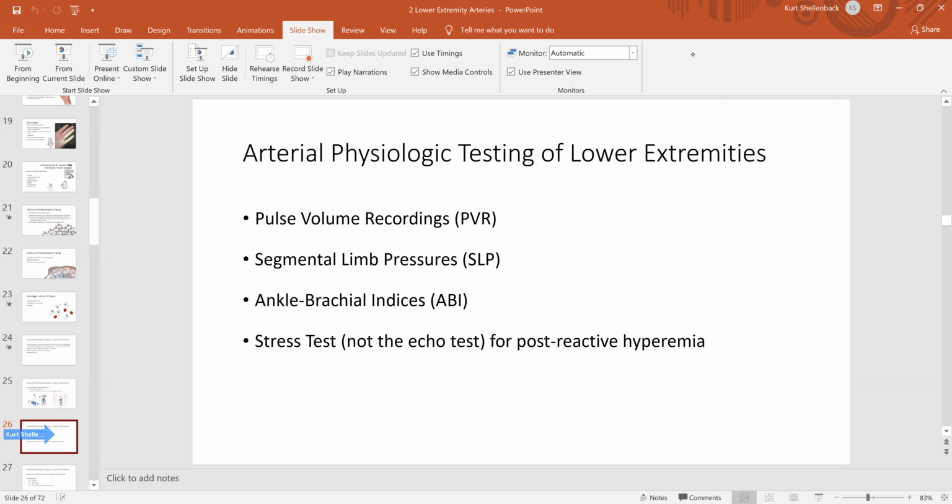4-cuff method, 3-cuff method. This person has PPGs, photoplethysmography, on the toes. No, he doesn't. That's actually, no, that's a blood pressure cuff.